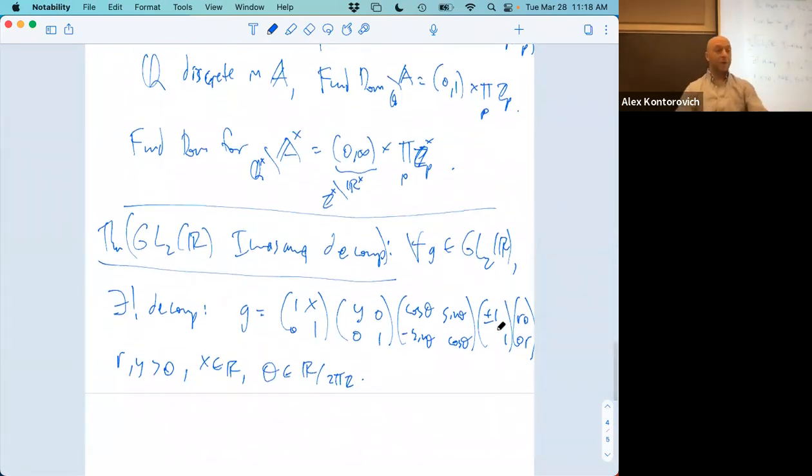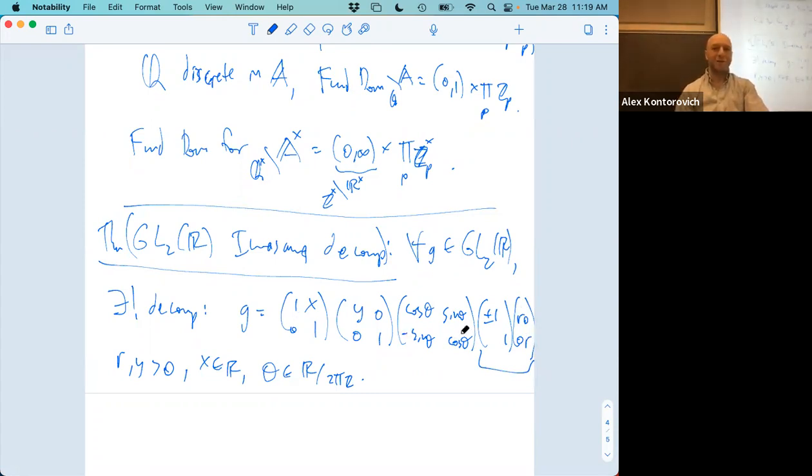So the determinant might be positive or negative. I have to take care of that. Everything else has positive determinant. This has determinant r squared. So basically this follows from our Iwasawa decomposition for SL2(R) by saying we can take care of the determinant with these two. If it has negative determinant, we use plus or minus, or we use r to fix the determinant.